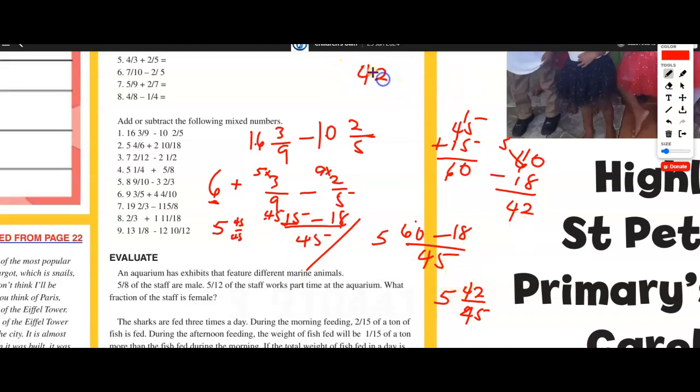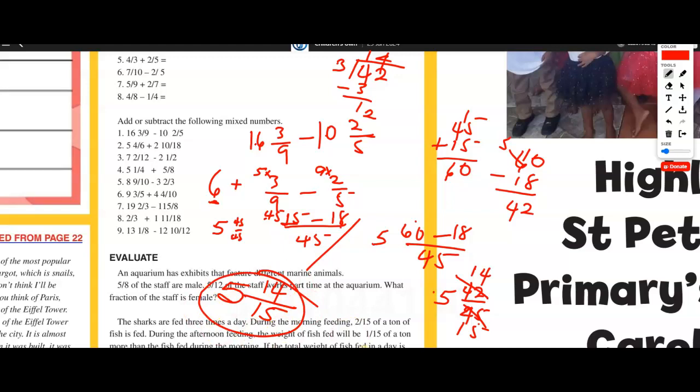If we have 42 here and we divide that by 3, 3 into 4, 1, subtract, you have 1, bring down 2. Okay, so 3 4s would be 12. So 3 into 42 goes 14 times. Okay, and then 3 into 45 goes 15 times. So we would end up with, running out of space, let me just write it here, we would end up with 5 and 14 over 15.